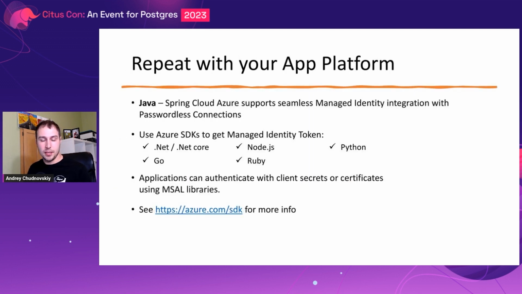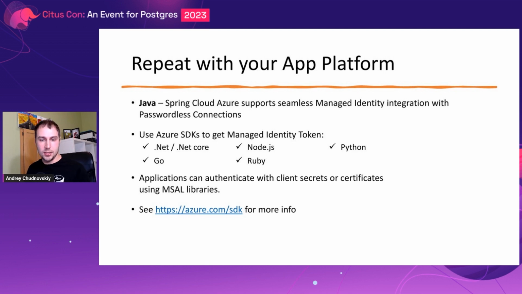Now you can do the same with the application development platform which you use. We have the most comprehensive support for the managed identity connection in Java, which is the Spring Cloud Azure SDK. It has a passwordless connections feature, which uses managed identities and Azure AD authentication for the connections.